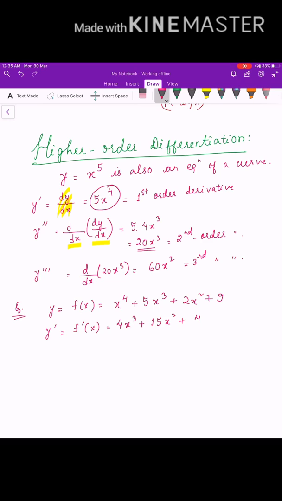By now you must be comfortable with these sort of differentiation. 4x plus 0, right? Second order derivative, that is y double dash or f double dash x, is equal to 4 into 3, 12x square, 15 into 2, 30x plus 4, right? So this is my second order derivative, and similarly I can keep on finding the higher order derivatives.